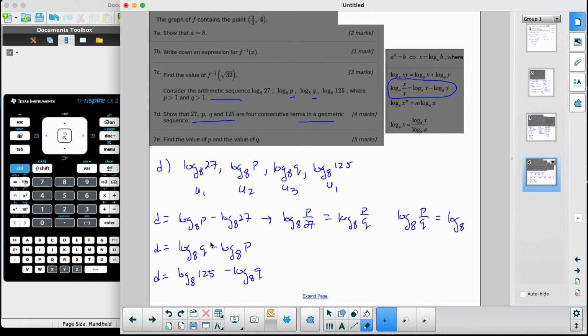It's this one over this one. Let me make sure. Yeah, I don't know why I wrote that wrong. Sorry. Q over P.